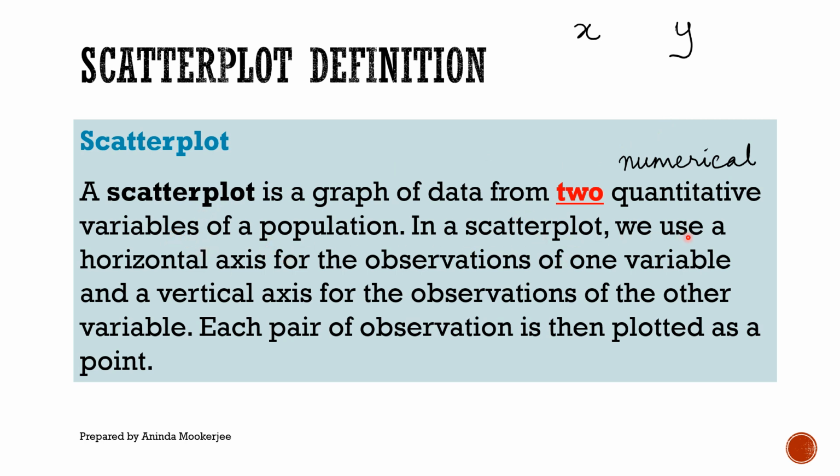And in a scatter plot, we use a horizontal axis for the observations of one variable and a vertical axis for the observations of the other variable. Each pair of observations is then plotted as a point.